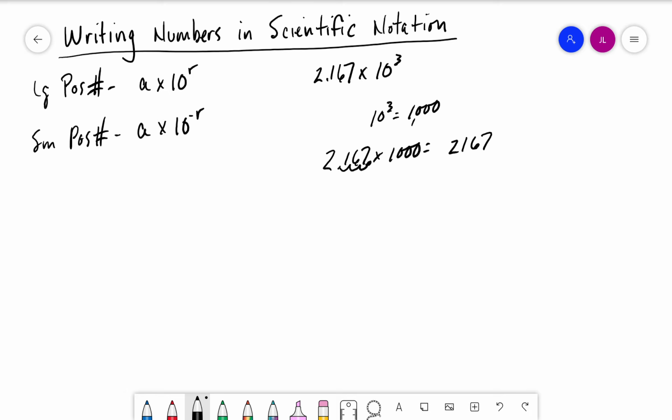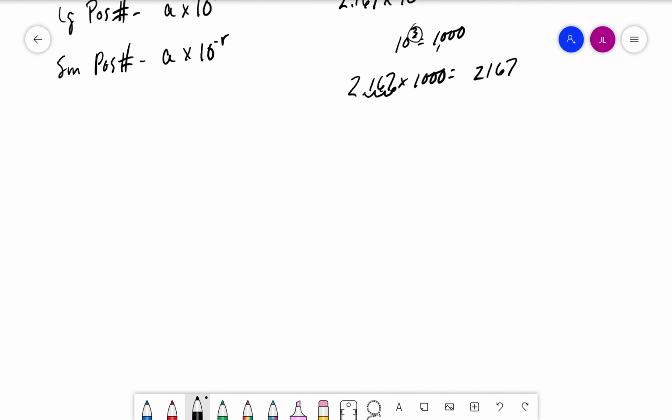All we're doing is moving the decimal point the same number of places as the exponent in scientific notation. Let me give you an example.